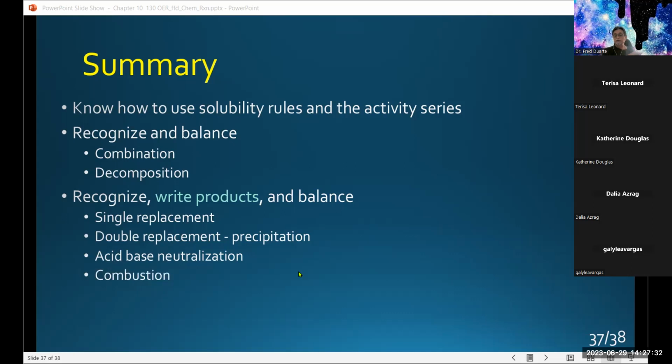Combustion reaction: the only type of combustion that Chem 130 is going to deal with is the combustion of hydrocarbons. Those are compounds that consist of nothing but carbon and hydrogen. And then oxygen is one of the reactants. So the question could be, write the reaction for the combustion, keyword, the combustion of a given hydrocarbon.